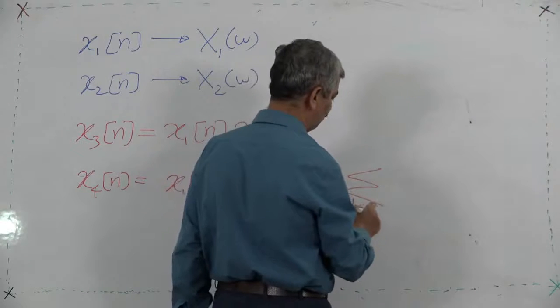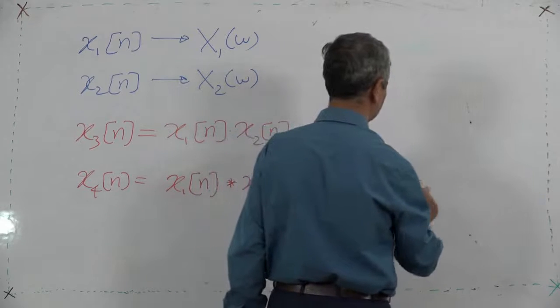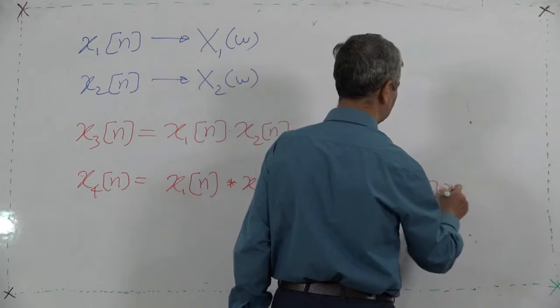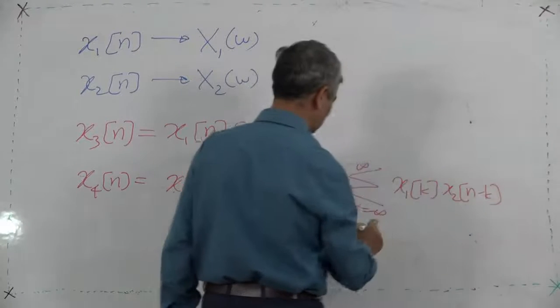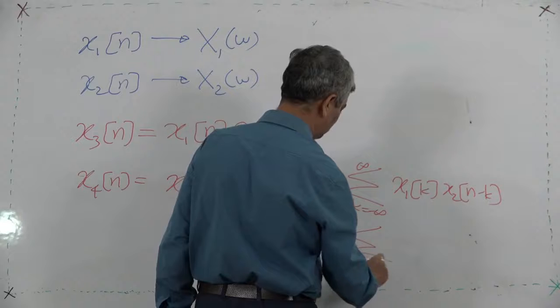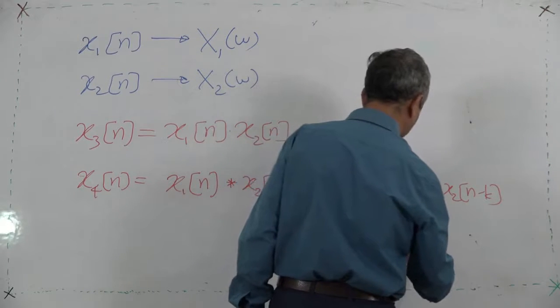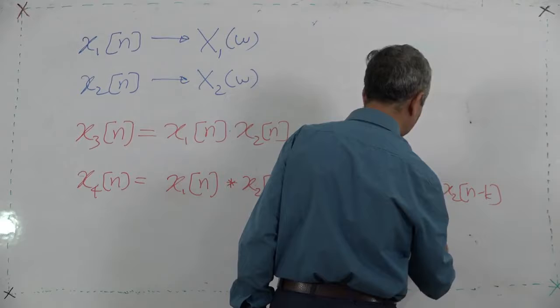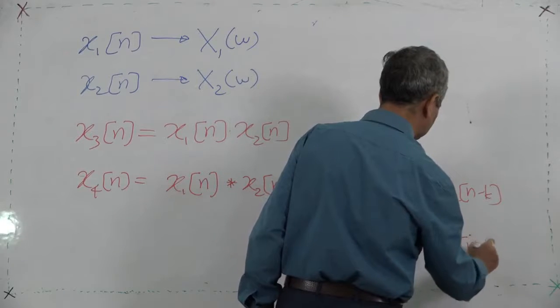So, k equal to minus infinity to infinity x1 k x2 n minus k, or vice versa, because it is commutative. Summation k equal to minus infinity to infinity x2 k x1 n minus k.